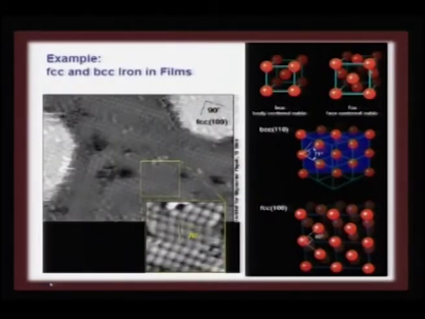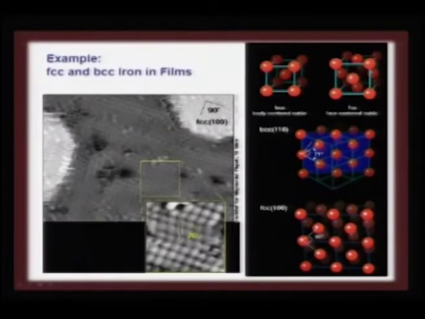When you look at phase transformations between BCC iron and FCC iron, as you know BCC iron is magnetic, FCC iron is non-magnetic. When you are trying to map the iron films, you can easily find out whether there is a transformation from FCC to BCC.